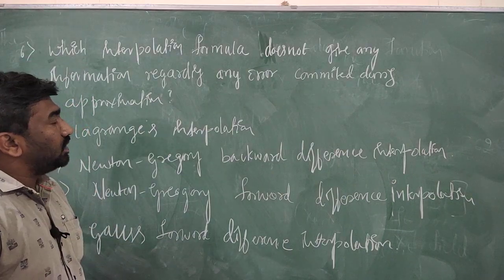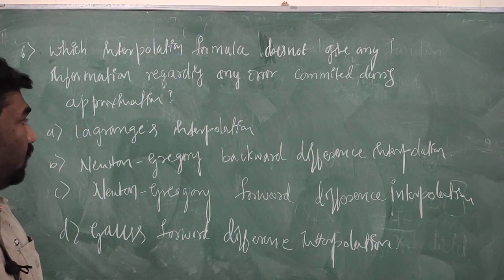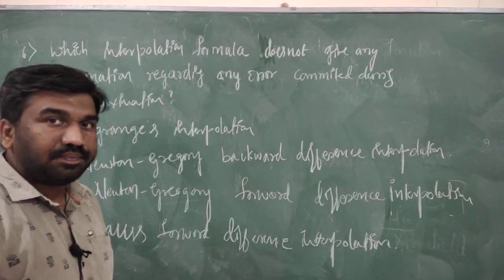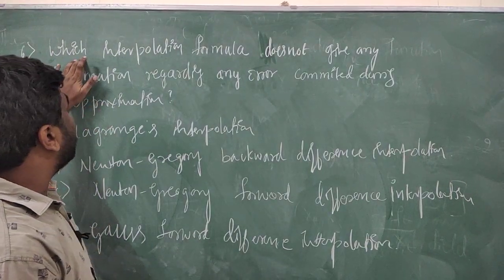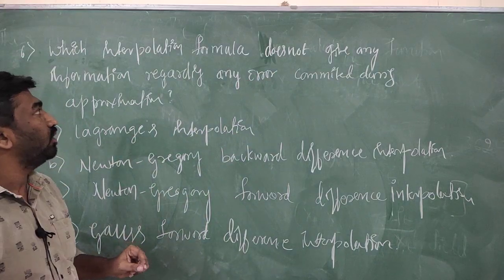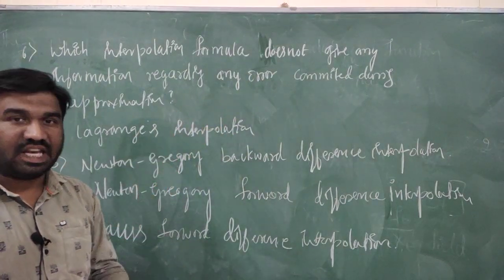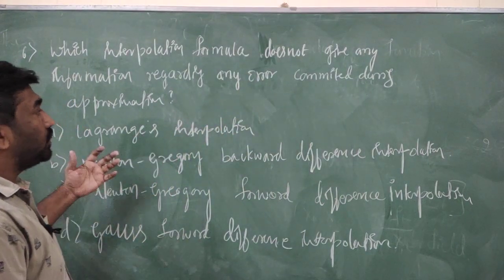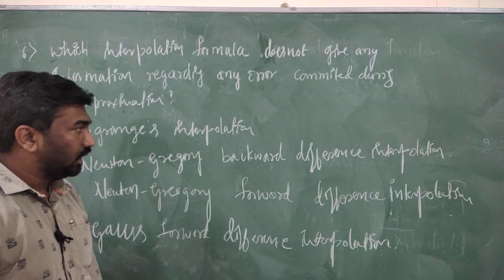And this is question number 6, which is again based on numerical analysis. The question is like this: which interpolation formula does not give any information regarding the error committed during approximation?